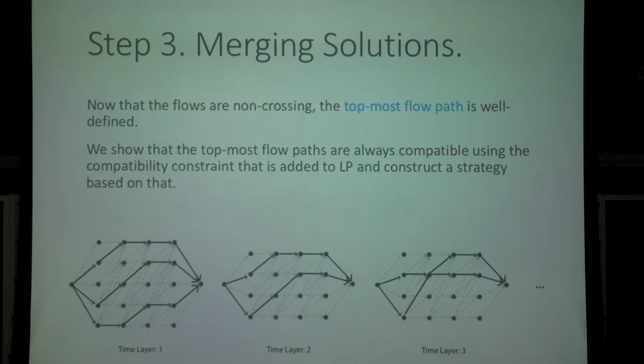We know they are all compatible with each other, so we construct a pure strategy based on these flows, and put it in the support of the final mixed strategy that we report. And then remove them from the flow, and we recursively do this.